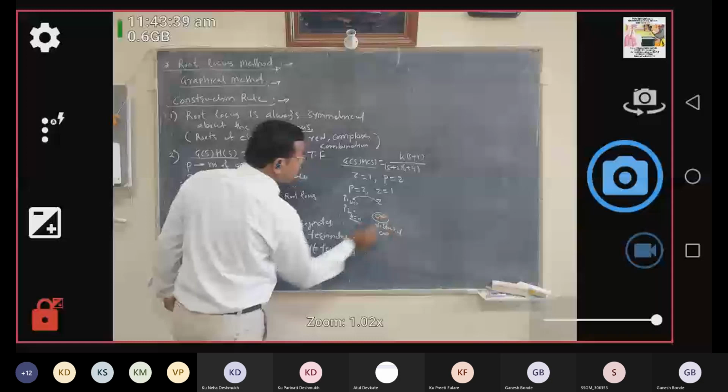How many branches are terminating on infinity? It is given by P minus Z. Here 2 minus 1, so that is 1.